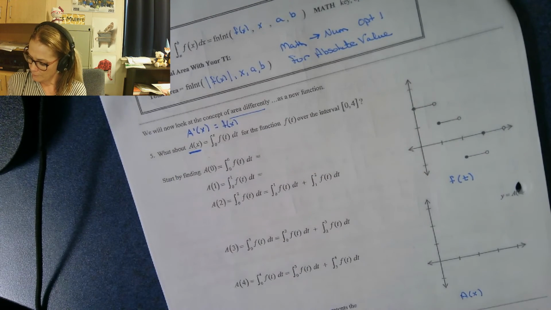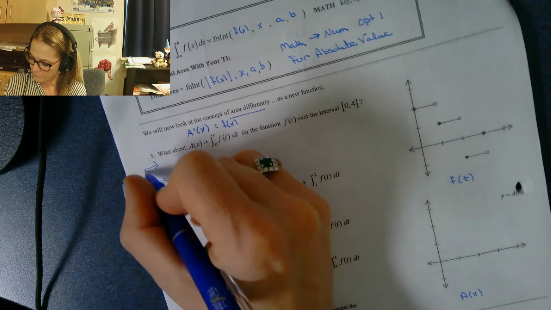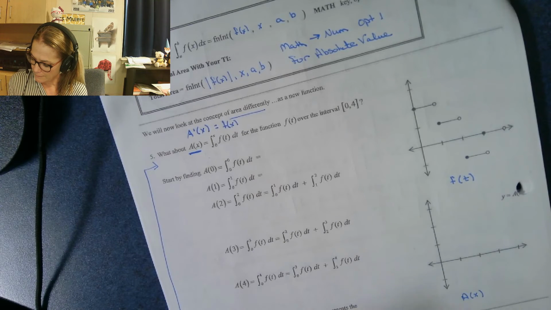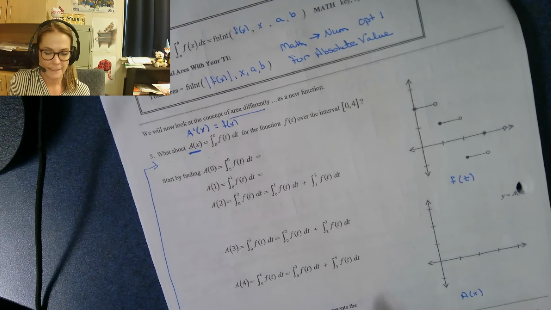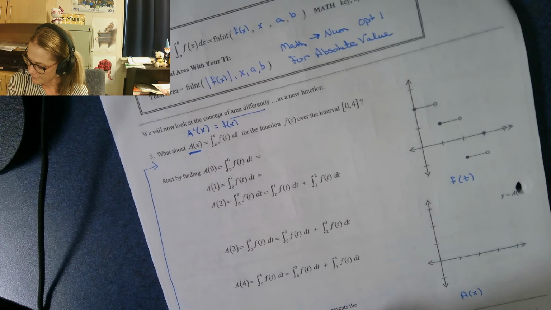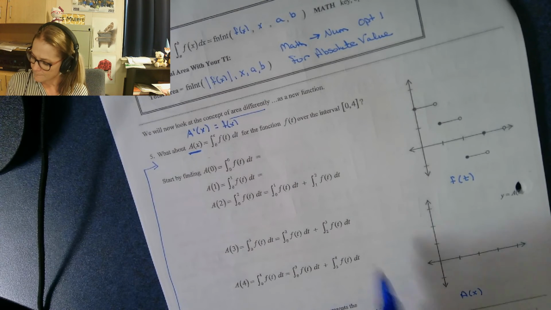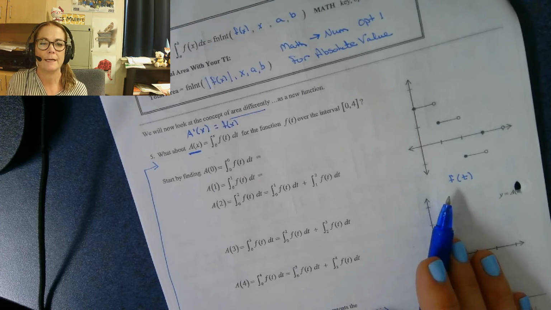When you have this new function, it's going to represent accumulating area between this function f and the x-axis. All right, so this is f of t, that we're going to accumulate this area.